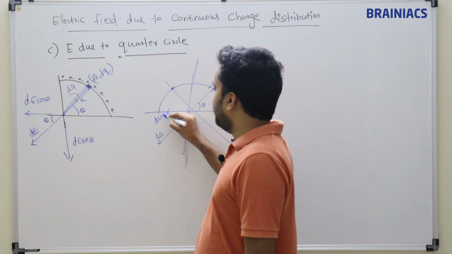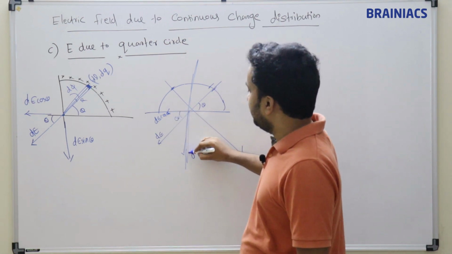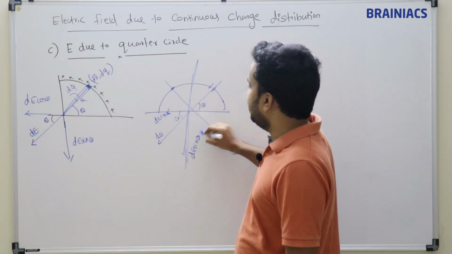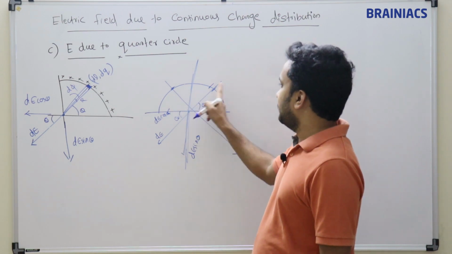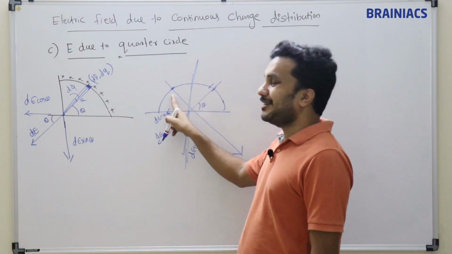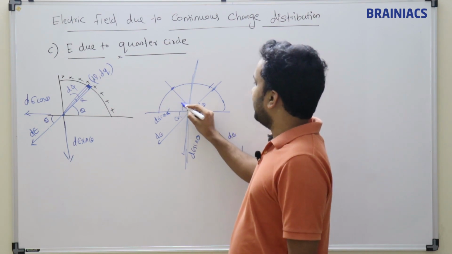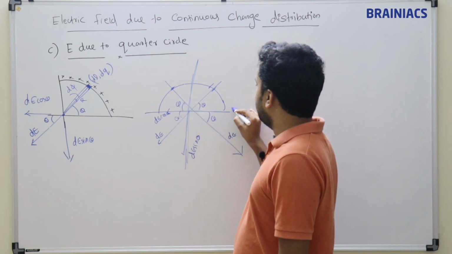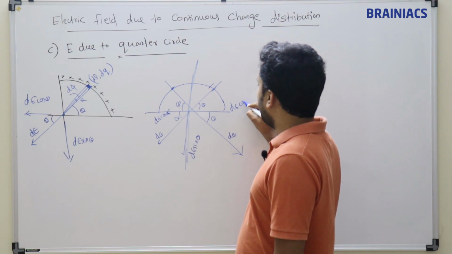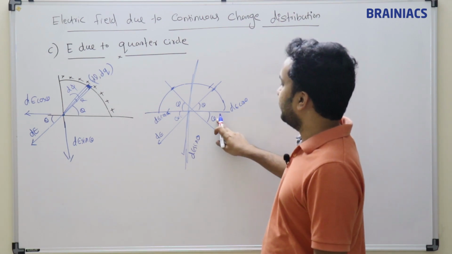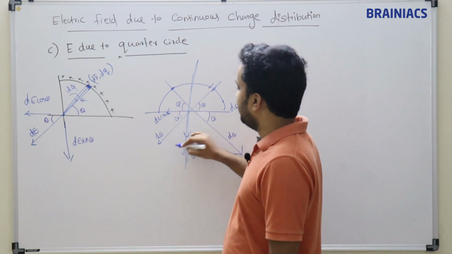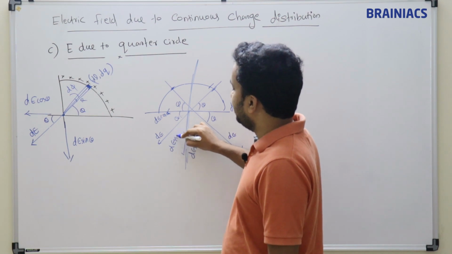This gives dE cos theta and dE sin theta. This is a symmetrical structure, so this too gives dE, with angle theta, dE cos theta, the component nearer to theta, and another one, dE sin theta.